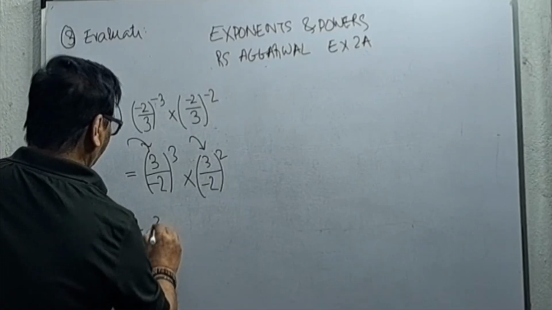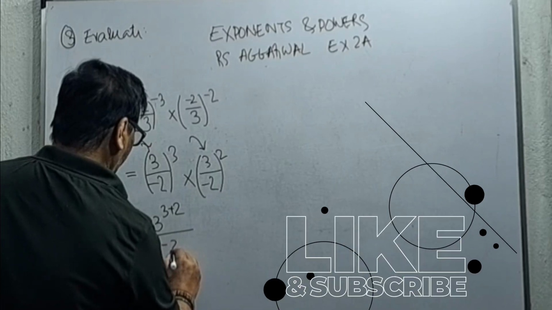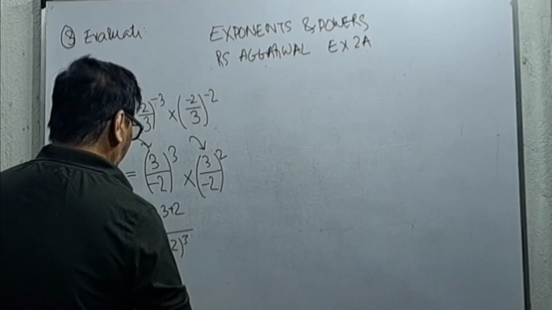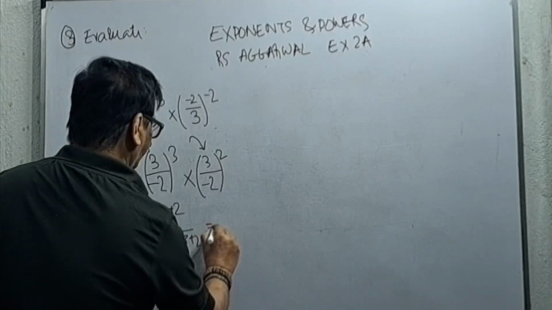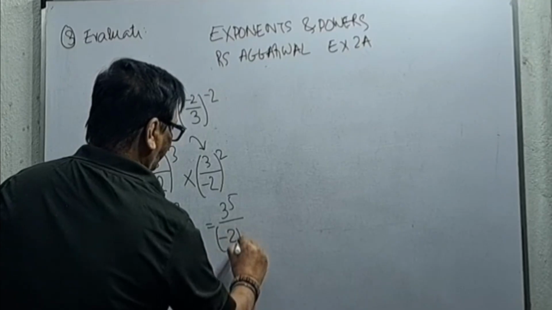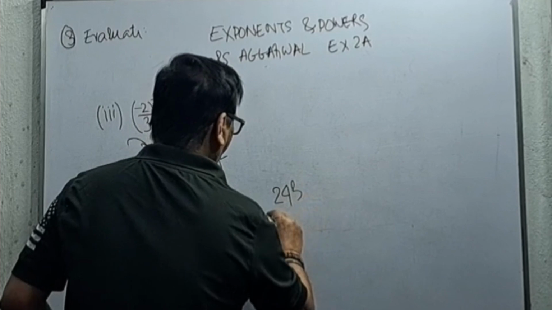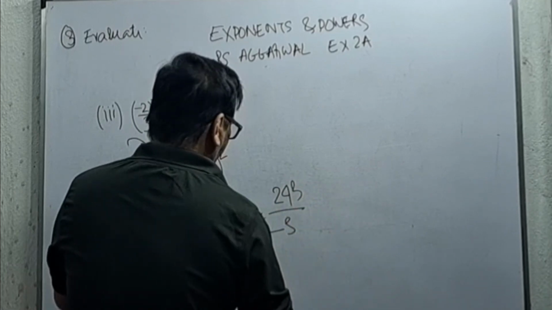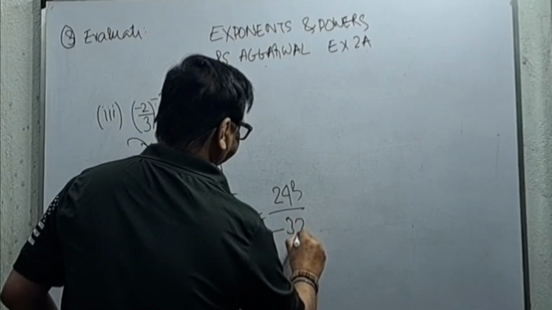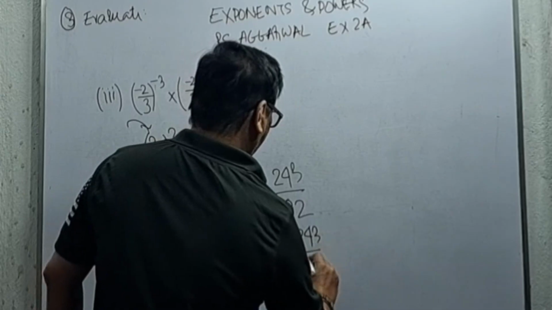So we write 3 to the power of 3 plus 2 divided by minus 2 to the power of 3 plus 2, which gives you 3 to the power of 5 divided by minus 2 to the power of 5. That gives you 243 divided by minus 32. Minus 243 by 32. That's all.